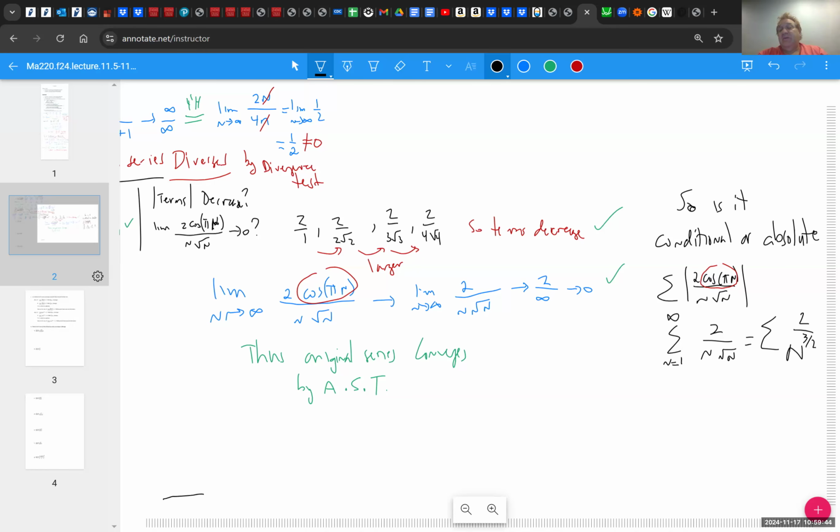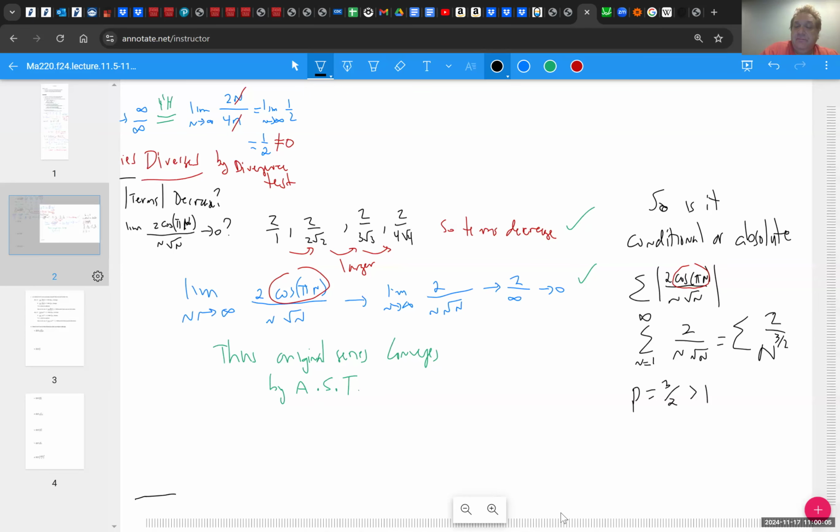And that, if you simplify it algebraically, may ring some bells, may give you a hint that you can use the p-series test to see if this converges or diverges. With p equal to 3/2, with that number greater than 1, we know that the series converges.